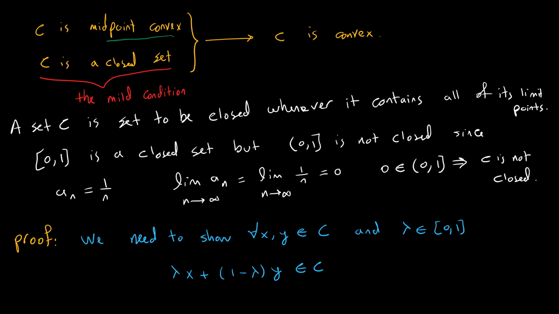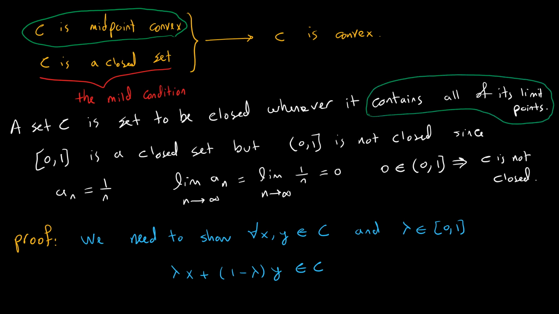So we have a set that has the property of midpoint convexity, and the set C is closed. But let me just remind you what a closed set C is. A closed set C is a set that contains all limit points of any sequence that is in the set C.